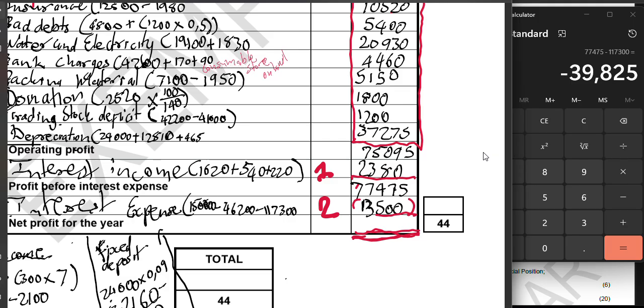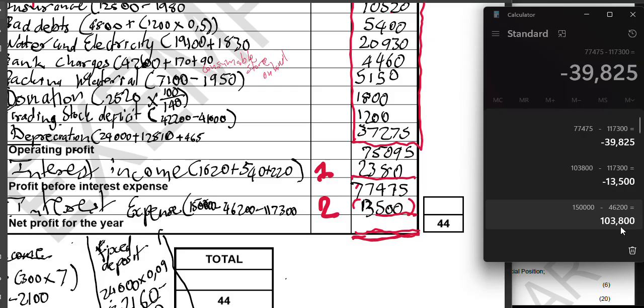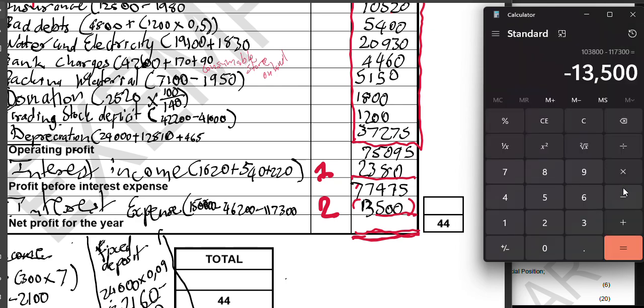Okay, something is amiss, so I'm going to fix that now. Sorry. Let me come back here and see what happens. 13,500. Right, this is where we are. And then we need to minus 77,475. Okay, there we go. That makes a whole lot more sense.